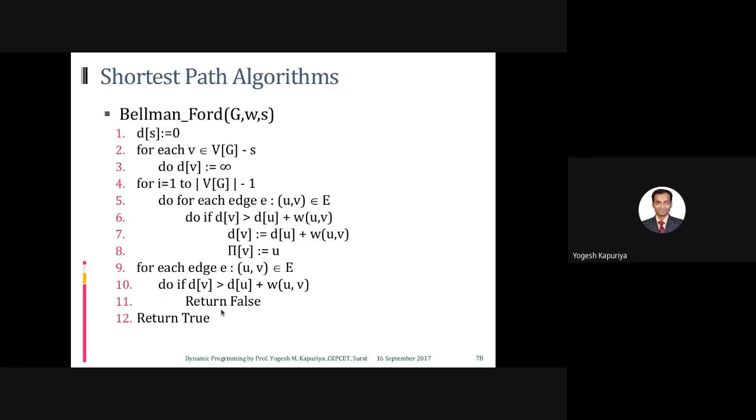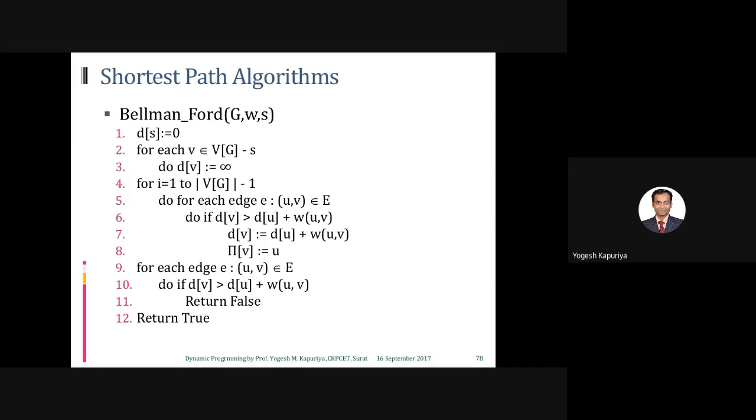True means that there is no negative weight cycle and the shortest distance is computed. You have values in D and you have values in pi. Pi will give you the parent, so that will give you the path, and D will give you the shortest distance from source vertex S to every other vertex in the graph.